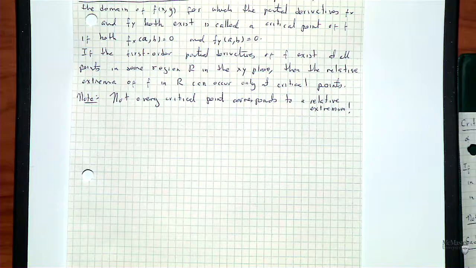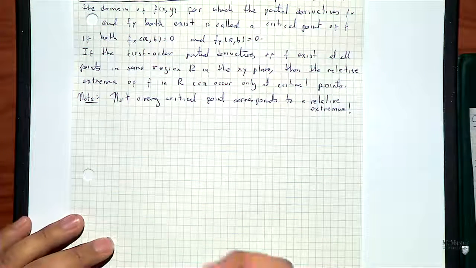But critical point does not imply maximum or minimum. Okay? The argumentation goes only one way. And again, you can think of counterexamples in 1D. We will also see an example that is proper from 2D, which is the saddle point.